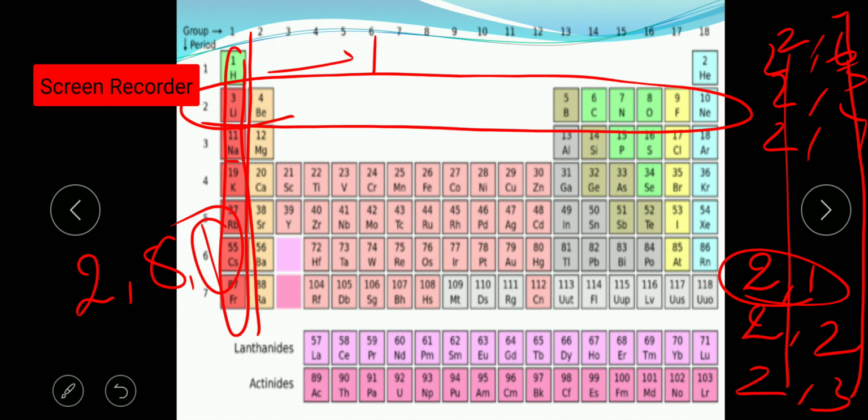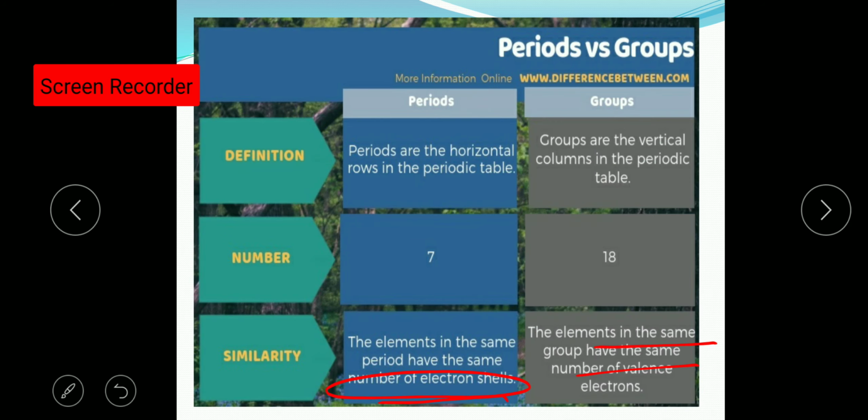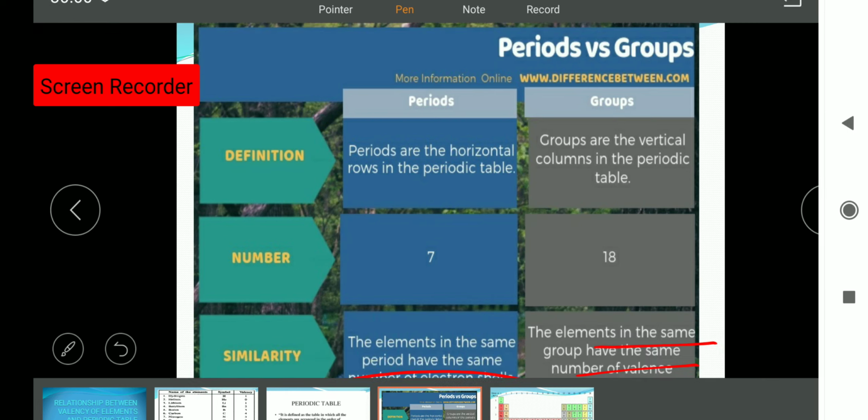Potassium 2, 8, 8 and 1. So in a group the elements have the same number of valence electrons, and in a period the same number of electron shells. Okay, so this is all for today.